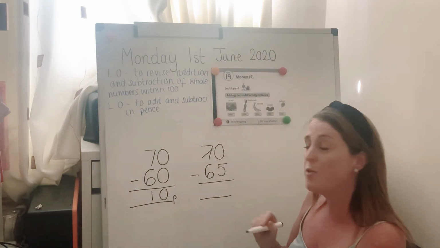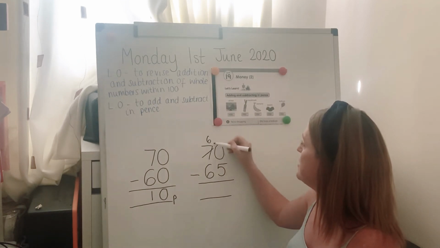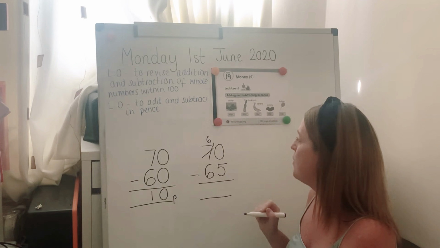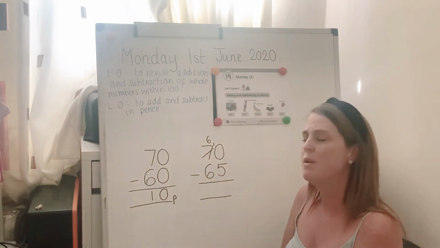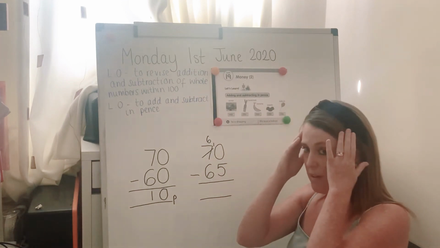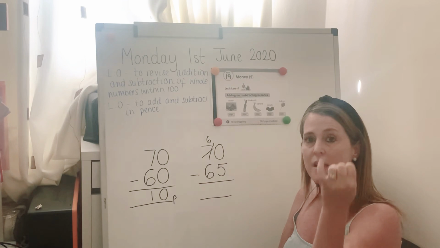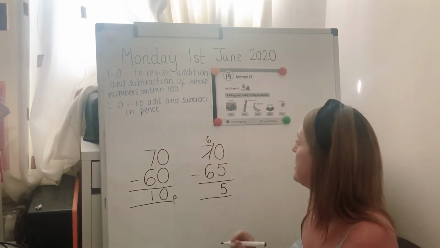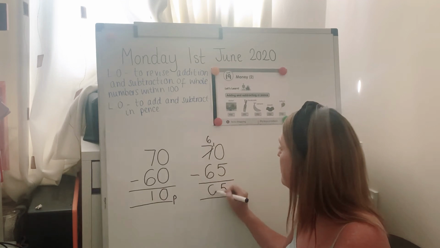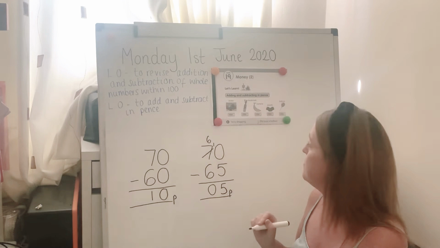So we have to borrow from there, make that into a 6. And we need to make this into a 10. We add the 1 over, don't we? So 10 take away 5. Well, we know our number bonds, but let's just check. 10, 9, 8, 7, 6, 5. So that would be a 5. And 6 take away 6 is 0. So she has 5p left.